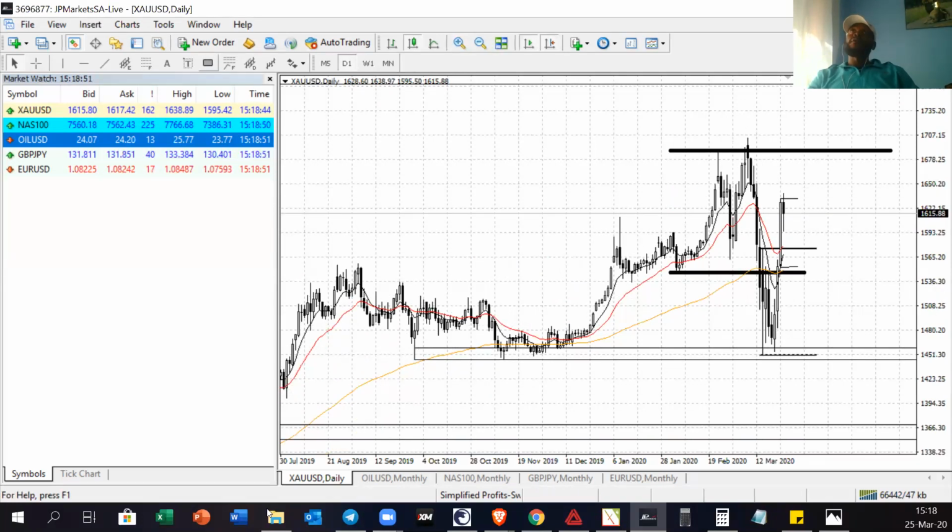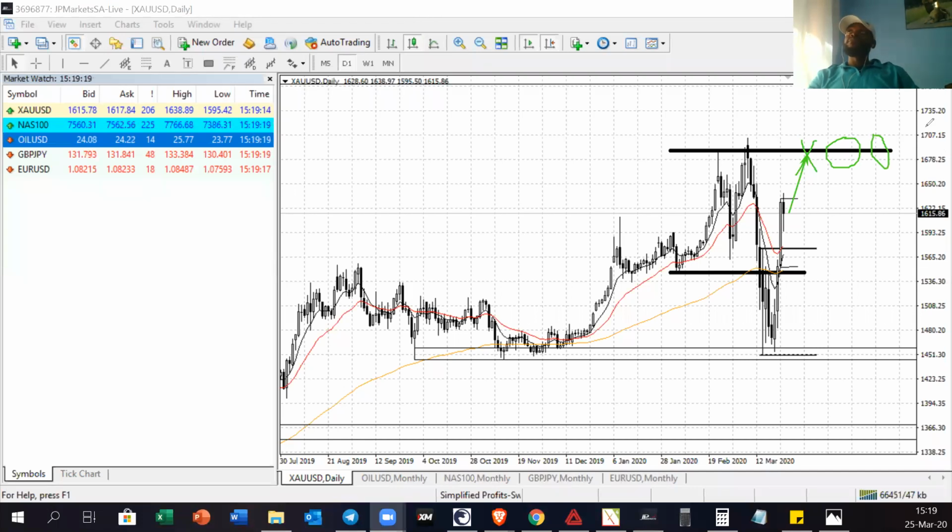So if you're a momentum trader, you're just looking for this thing to break this and keep moving up. And this would be your target right here. Momentum, jam your stop, and when price gets here, you take profit.